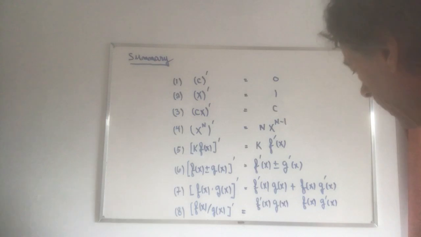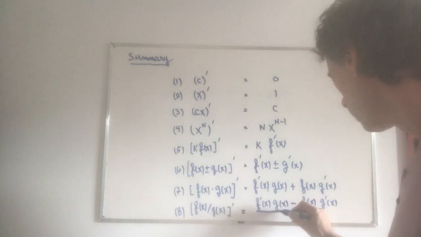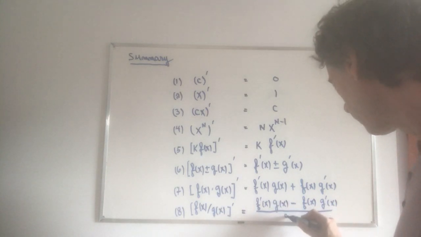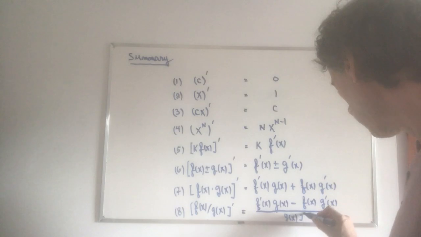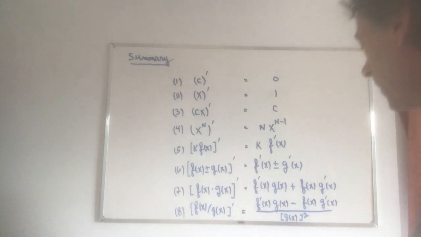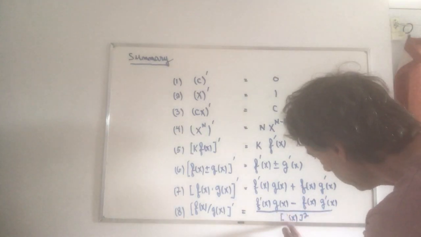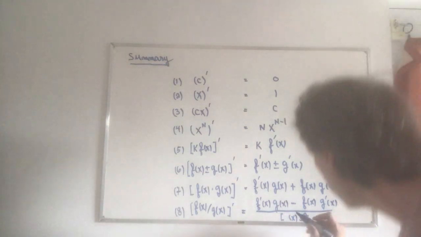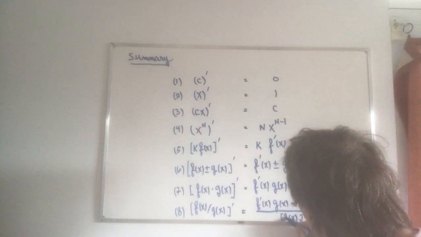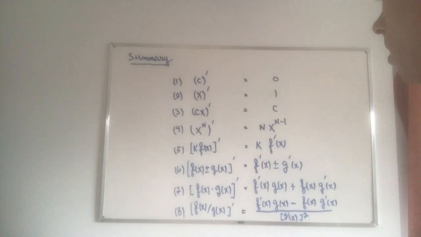We are actually changing the plus to a minus, and we are dividing this by g of x all squared. So this is where we stand thus far.